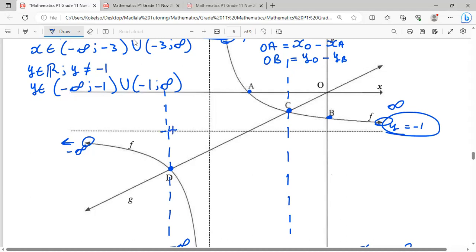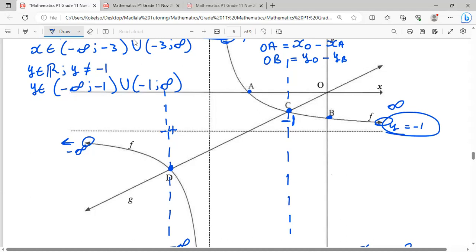Remember, we said the x-coordinate of d is -4. You also divided it into -4 all the way up until -1. Remember, we found the x-coordinate of c to be -1. And then the last interval will just be -1 all the way to positive infinity.